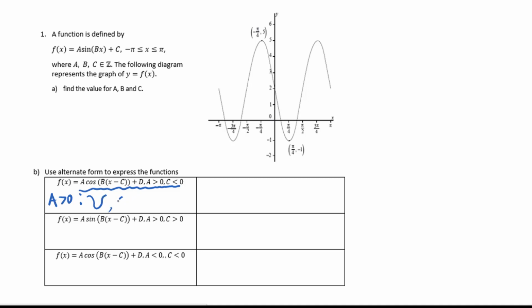When c is less than 0, negative c will be positive. According to the transformation rule, it's translated to the left. In other words, the starting point will be on the left side of the y-axis.